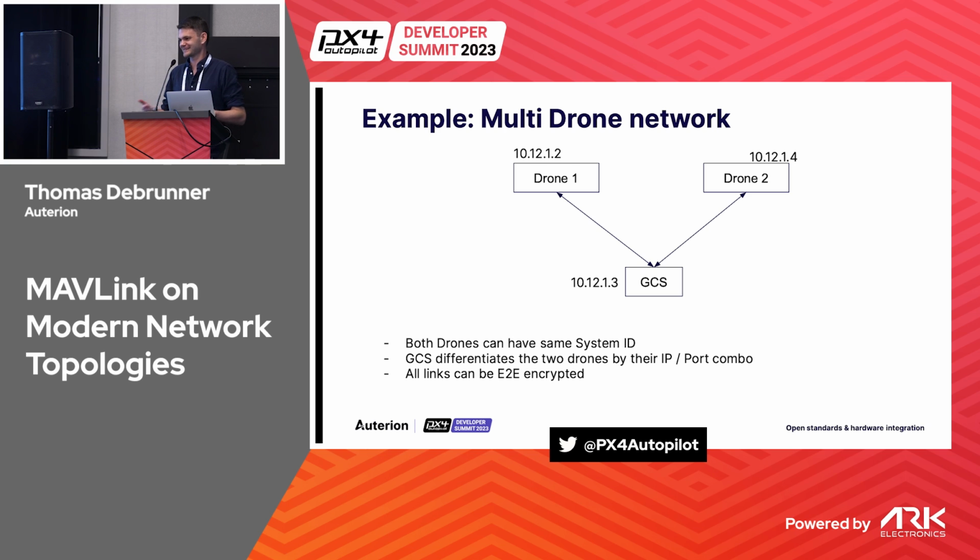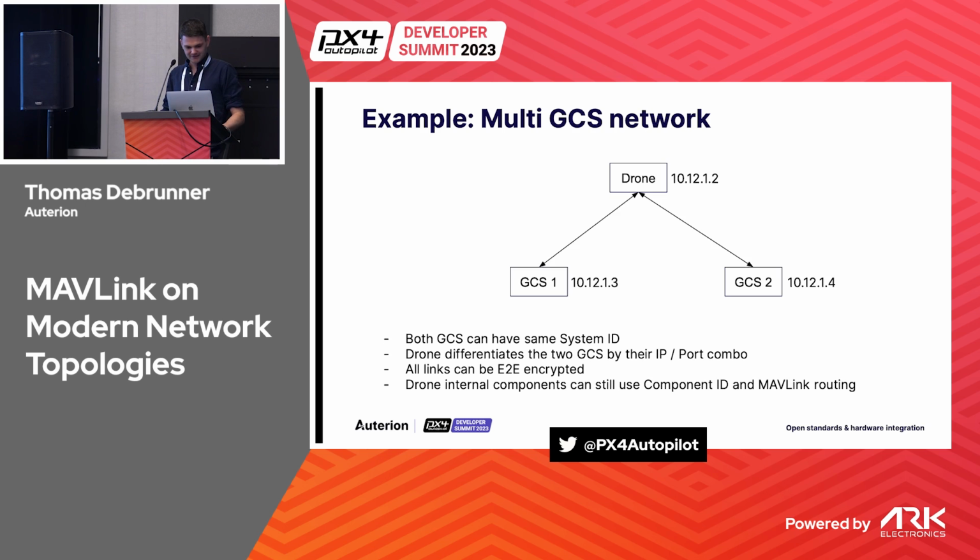Let's forget about that. Let's just use the IP and port where these drones are and connect to them and interact with them. So there's no need to assign MAVLink system IDs. Same for multi-GCS. There's no need to assign different system IDs to the different GCSs. Just communicate with the drone as you would with any internet-based system, as long as you're on an IP network.